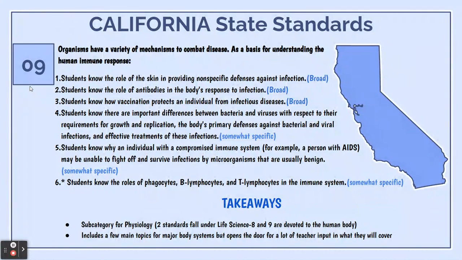For number 9, this is when they focus on organisms having a variety of mechanisms to combat disease. So they're using this big category of, okay, now let's talk about the different body systems that protect us and fight disease. So this is where the skin comes in. And they said skin instead of integumentary system, which is interesting. So not very specific. I put broad.